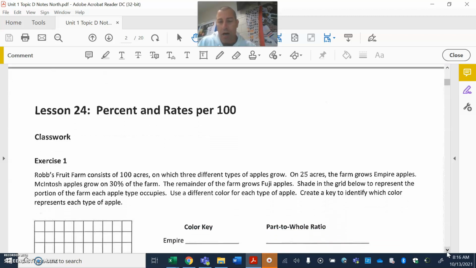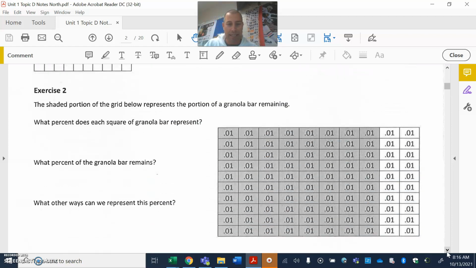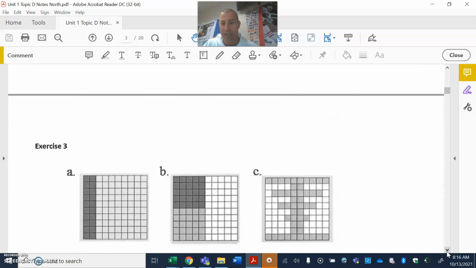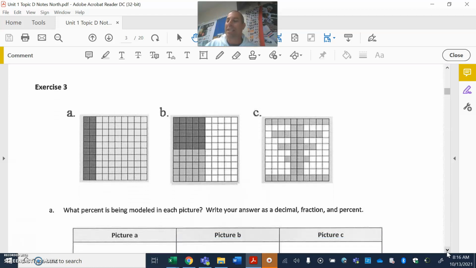So what we're after here are a few main ideas. Again, this is your elementary school side. Percent is always out of 100, and that's a key thing that you're pulling from prior knowledge.